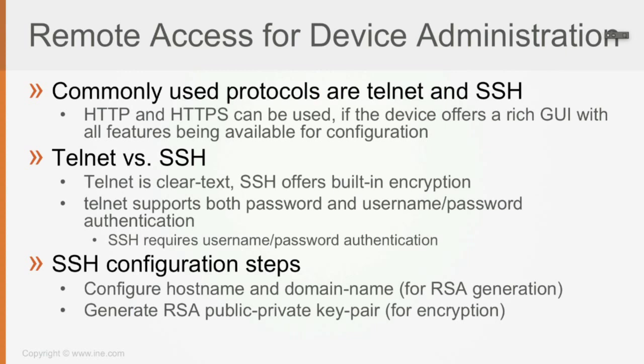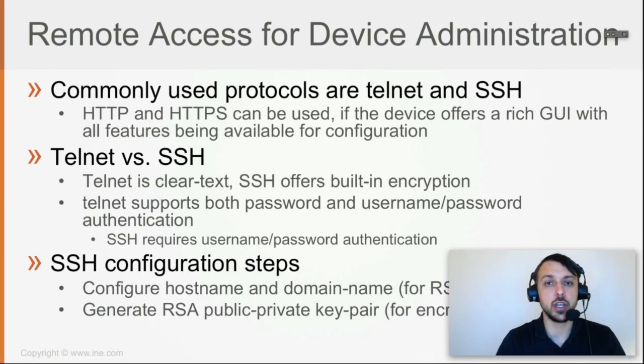But for the key pair to be generated, most IOS codes require the network device to have a host name and a domain name configured, because those values are going to be used in the generation of the RSA key pair. Newer codes no longer require the domain name to be configured, just the host name. So it may depend on the IOS version you're trying to test on.